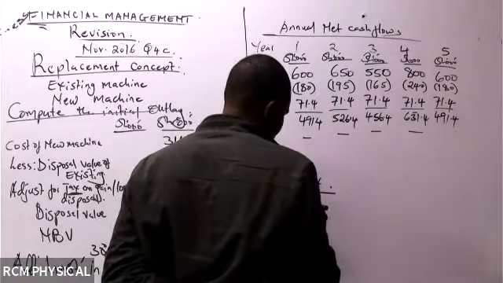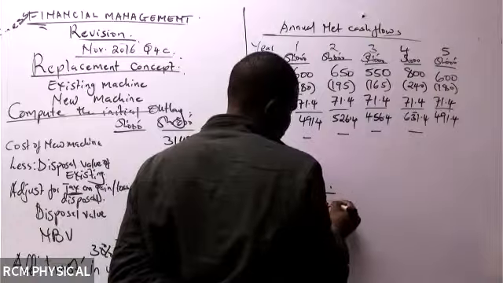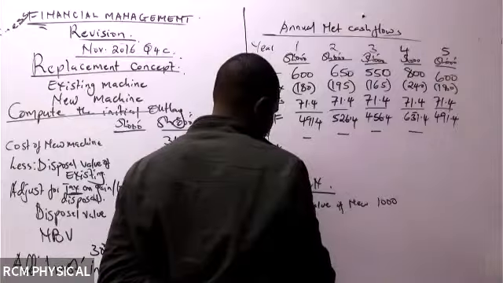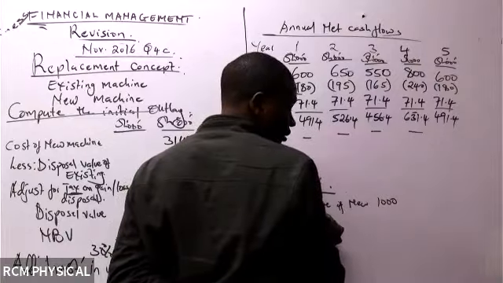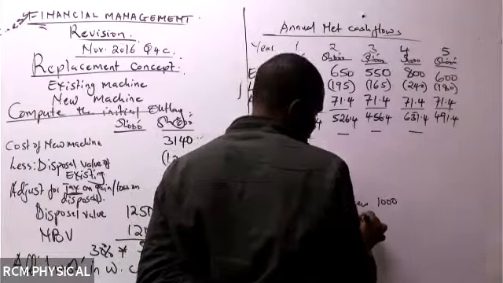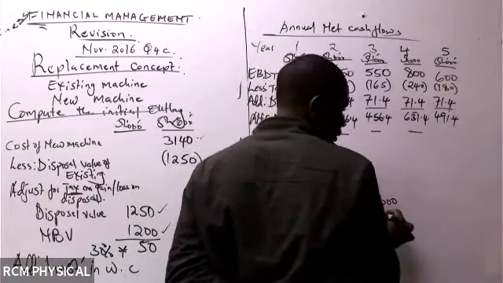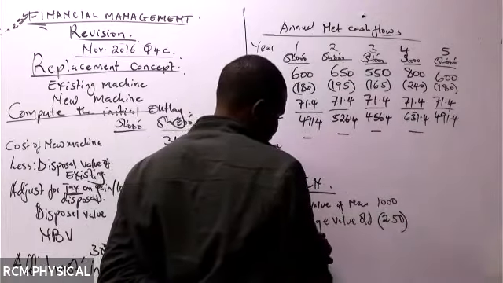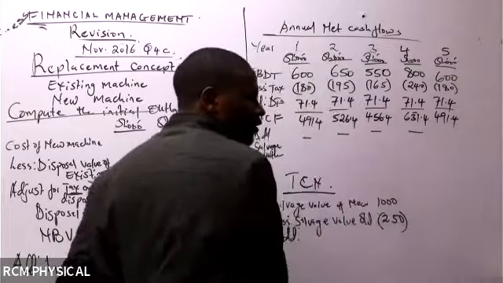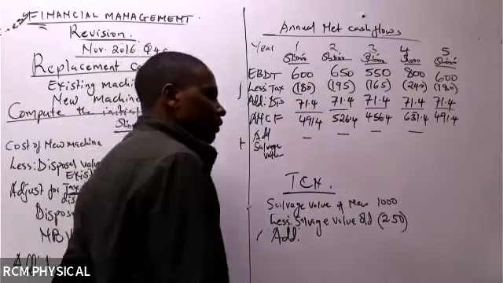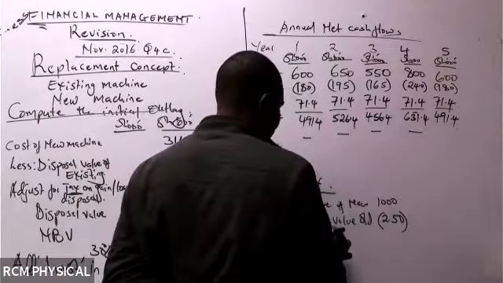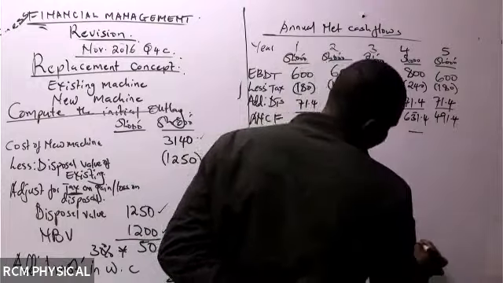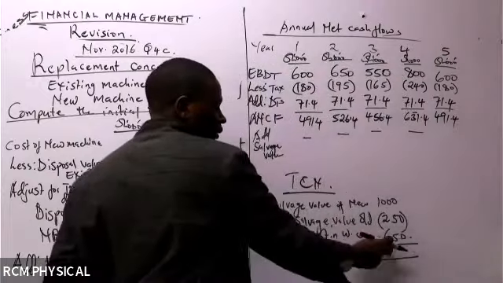Salvage value of the deal is 1,000 less the salvage value of the old machine, that will be 250. And then you add what? What do we add? Investment in working capital, 600.